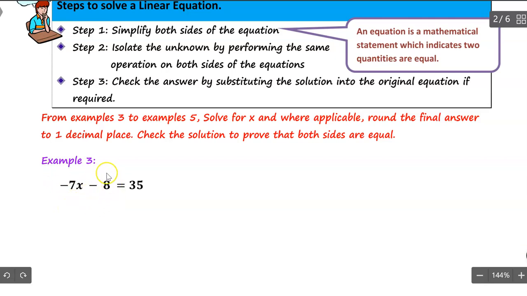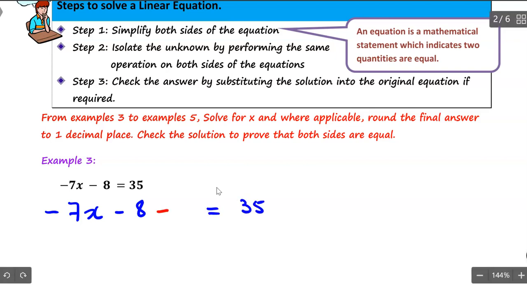So the one that I have to get rid of is the subtract 8. So I am going to perform the operation so that I can get rid of the minus 8. So negative 7x minus 8. Then what I need to do is add 8. So I'm going to give myself some room here.